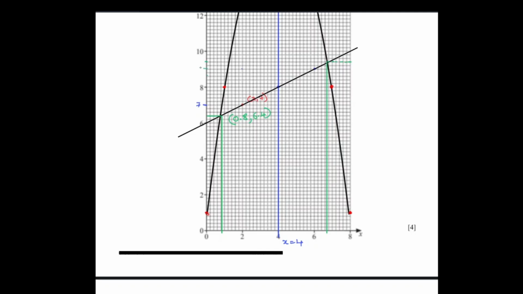This is 9, and 9.2, 9.4, and this is 6, 6.2, 6.4, 6.6 and 7. 6.6 we can take, 6.7 and 9.4.